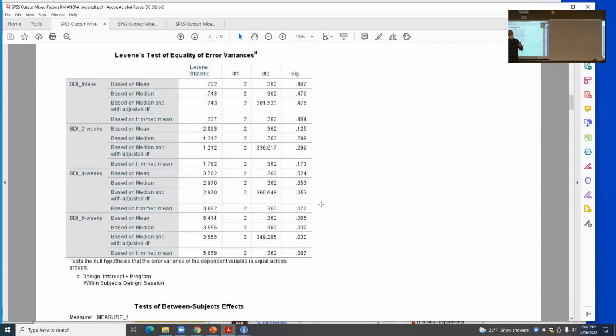What's the one thing I might do to pump the brakes before I get too excited about this? Yeah. So Natalie, if I'm looking at this, I have evidence for a violation in that I have p-values less than 0.05. What might make me not lose my head too much?